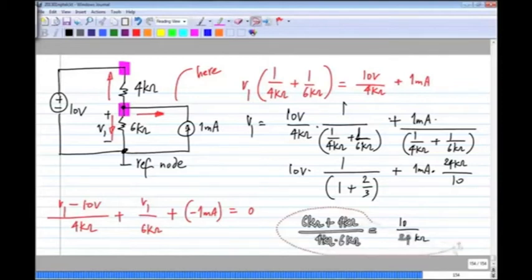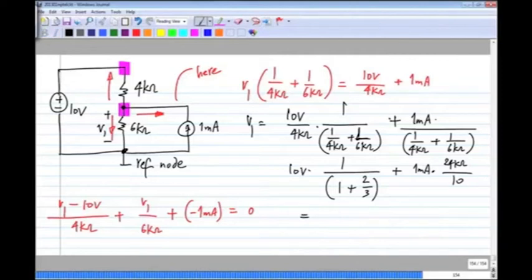Okay. So you can see that this will be 6 volts, that is 10 volts times 3 by 5, plus this will be 1 milliamp times 2.4 kilo ohms, 2.4 volts, which is equal to 8.4 volts. Okay, so the correct answer is 8.4 volts. So I hope it's very clear how to do this. So if you do this nodal analysis, you will get the final answer in one shot.